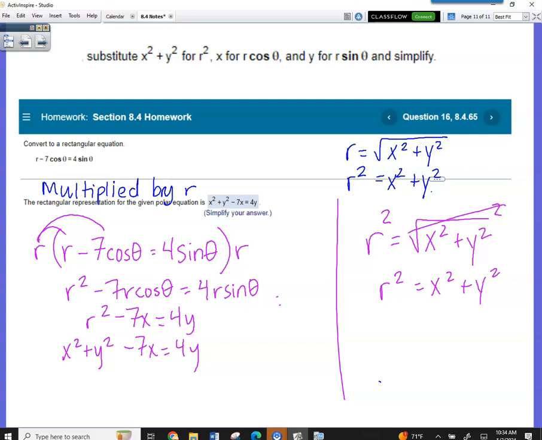What is r cosine theta? X. And that would give me 4r sine theta. What's r sine theta? Y. So you can get creative by actually introducing another r into the equation, and it will be easier along the way than trying to plug in the square root of x squared plus y squared into r. That is kind of coming back on chapter 7, where you're getting creative and having to treat it like a puzzle. I hate puzzles.